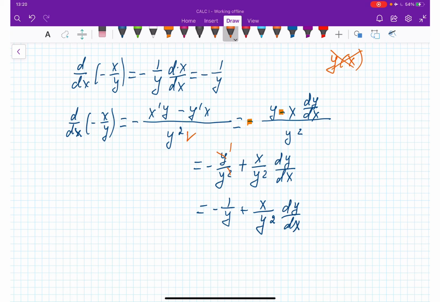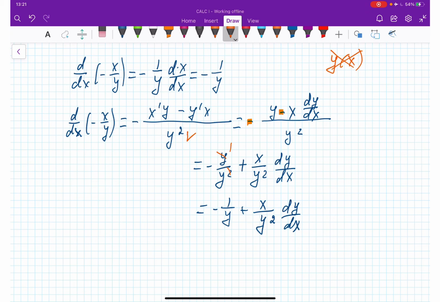In that case, when a differential term involves y, and this y is a function of x, then we must apply the chain rule, because we assume that y is implicitly a differentiable function of x.